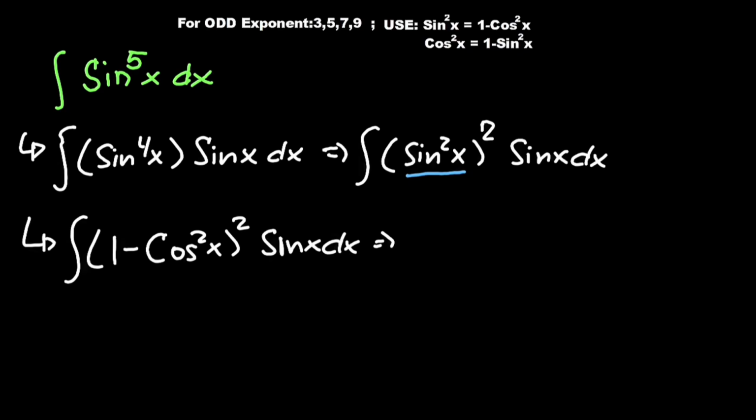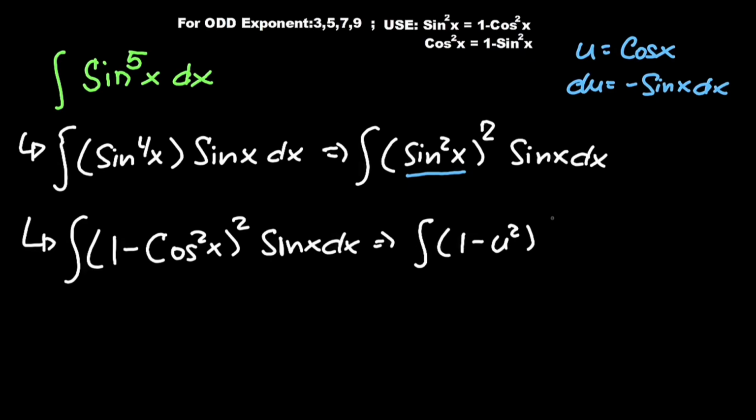And so, let u here be cosine of x, and derivative of this once again would be equal to negative sin of x dx. And so this would be the integral of 1 minus u squared raised to the power of 2, sin x dx.